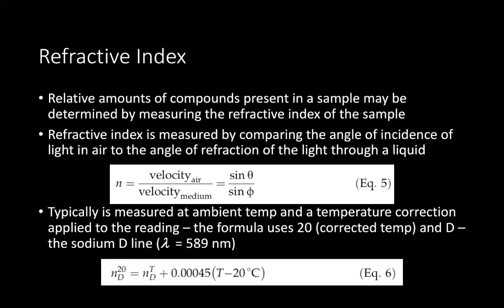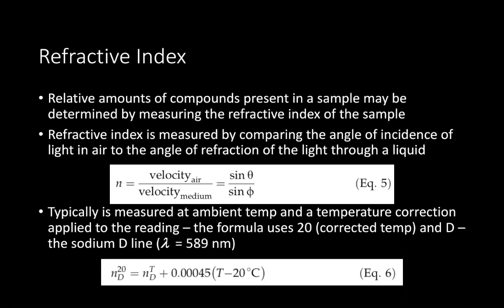So here in this equation labeled equation 6 on the slide, we have N20D. The 20 stands for the temperature that value is recorded for, okay? And D is the sodium line. So we are observing our refractive indices at wavelengths of 589, the sodium line, which you may recall from Gen Chem is the D line, and the 20 is indicating the temperature.